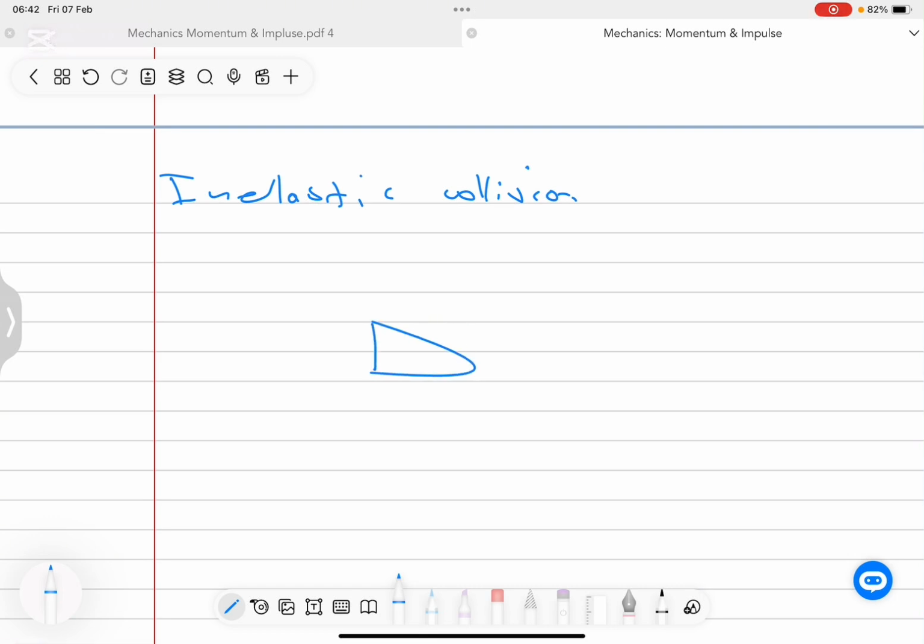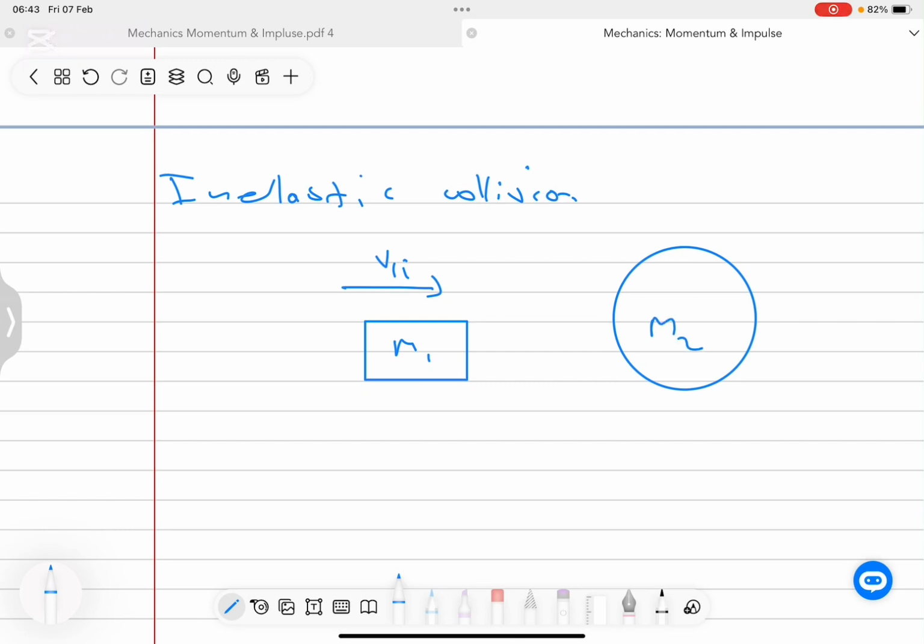Let's say we have an object with mass m1 moving with some initial velocity v1 initial, and it then collides with another object that has mass m2 and is moving with some initial velocity v2 initial.